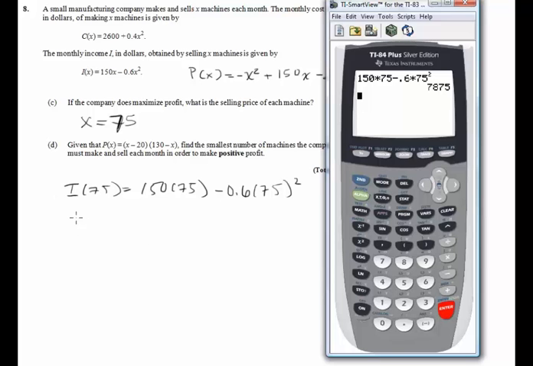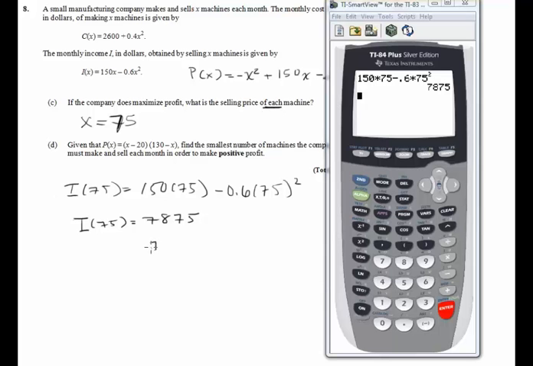So what that tells us is our income for those 75 machines will be 78,075. That's when it has its maximum profit. That's the amount of income that's bringing in, how much they earned. But that's for the 75 machines, so we need to find out for the cost of one, because they said selling price of each.